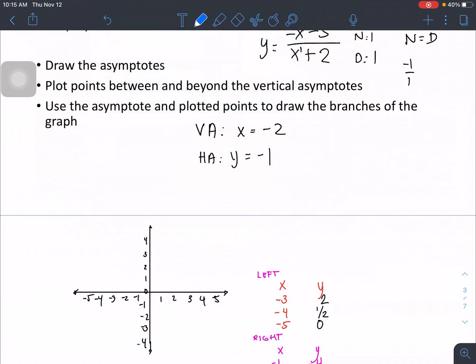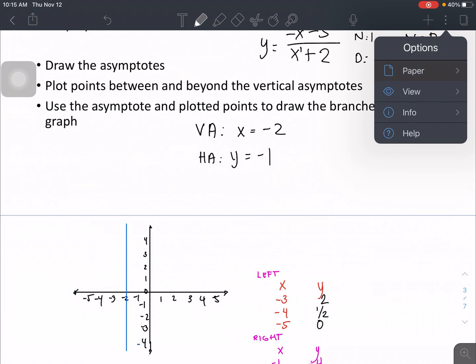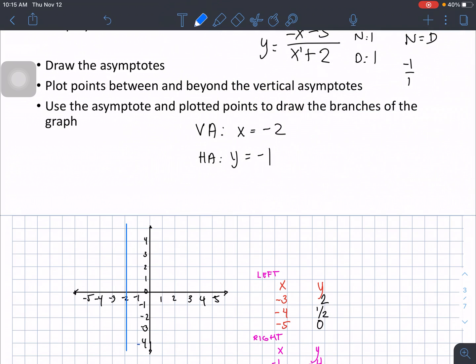Okay, so I would like to draw this one. I'll be using blue for the vertical asymptote at negative 2 here, and at y is equal to negative 1 around here. Okay, so let's plot the points from left and right.